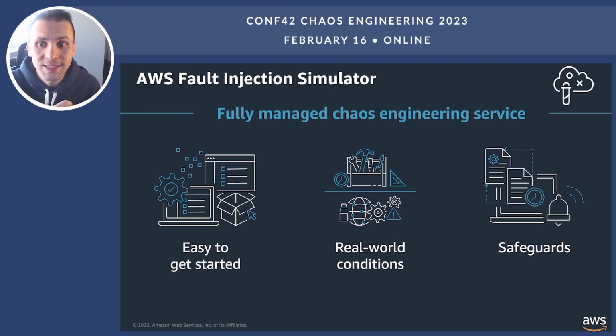Whether the failure is as simple as stopping an instance or more complex like throttling APIs, AWS Fault Injection Simulator fully embraces the idea of safeguards, which is one of the things we've heard from our customers, that they want to do these chaos engineering tests, but at the same time, they want to be protected from potential full outages on their applications.